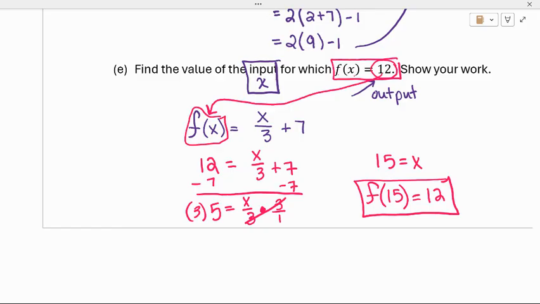I'm coming to check your calculators. X divided by 3 plus 7. You have x minus 3, so let's clear that out. X divided by 3 plus 7.